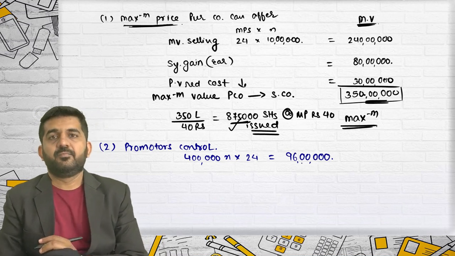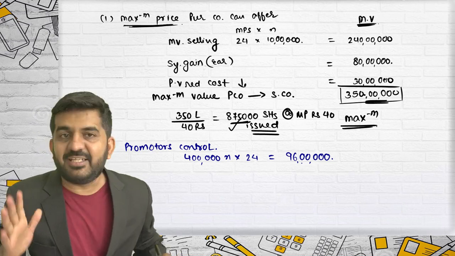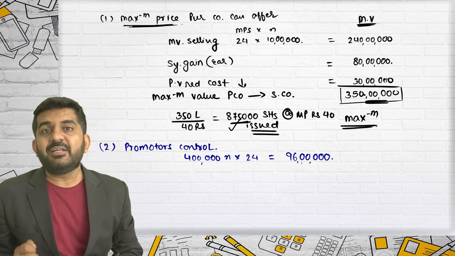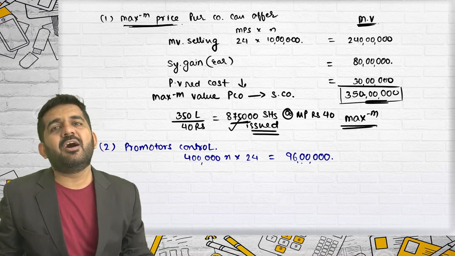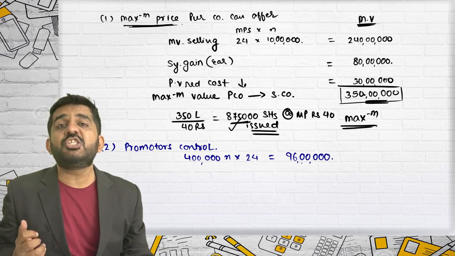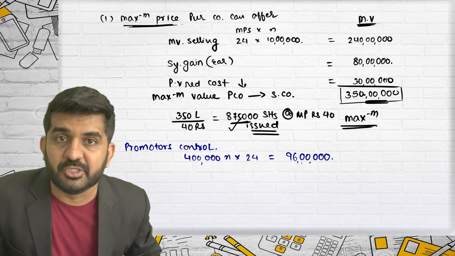That's correct. So they will be minimum requiring 96 lakhs. Is it correct? But understand, now they are losing their additional remuneration which they were getting because they were the promoters.